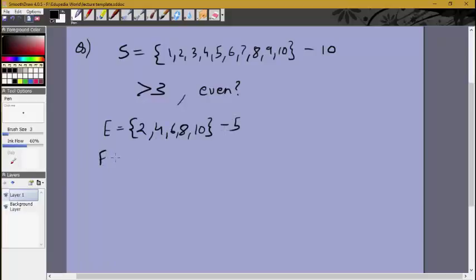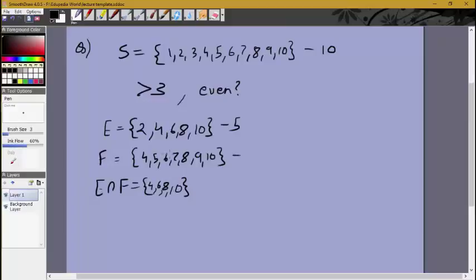Let's say F is the set of events in which the number is greater than 3. So we would have 4, 5, 6, 7, 8, 9, 10. E intersection F would be the elements which belong in both of them. That would be 4, 6, 8 and 10.